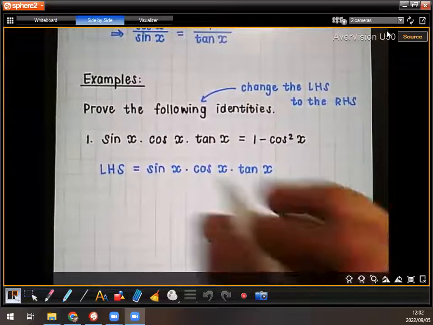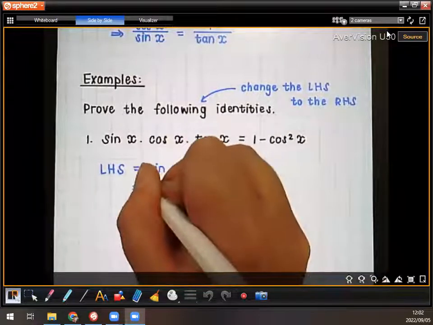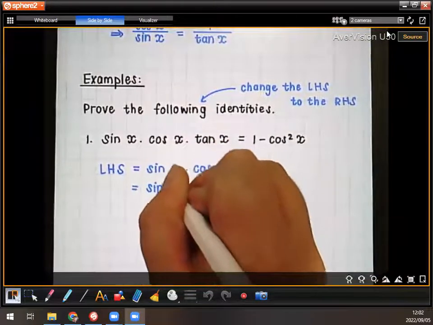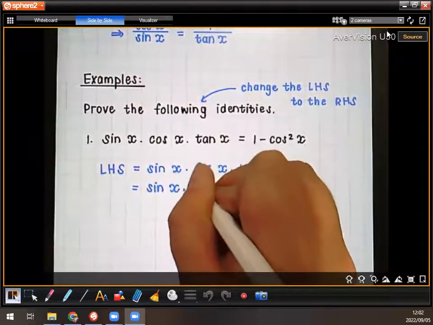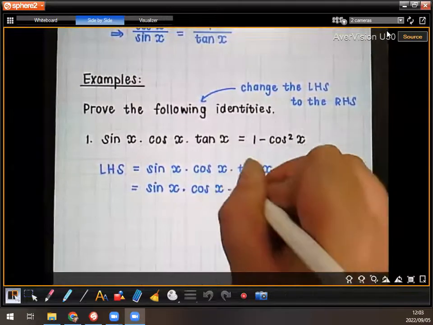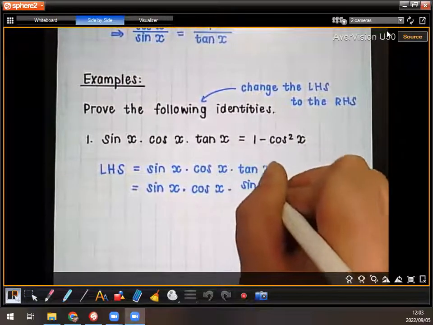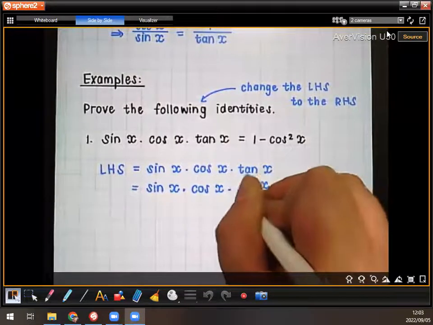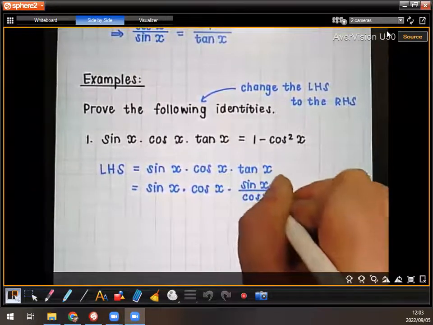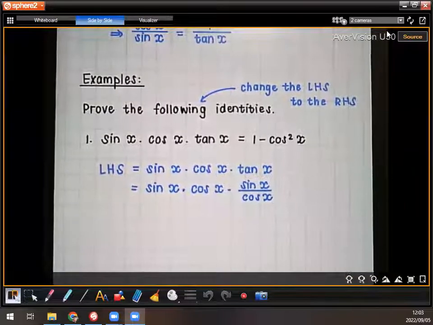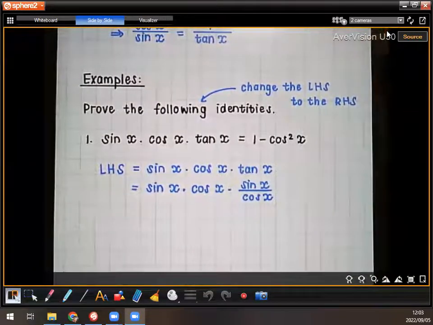So I'm going to say this is equal to sin x times cos x times sin x over cos x. That will get you your first mark. So if you get one of these and you don't know what to do, but you see that there's a tan somewhere, change it to sin over cos. 99% of the time that will be good.